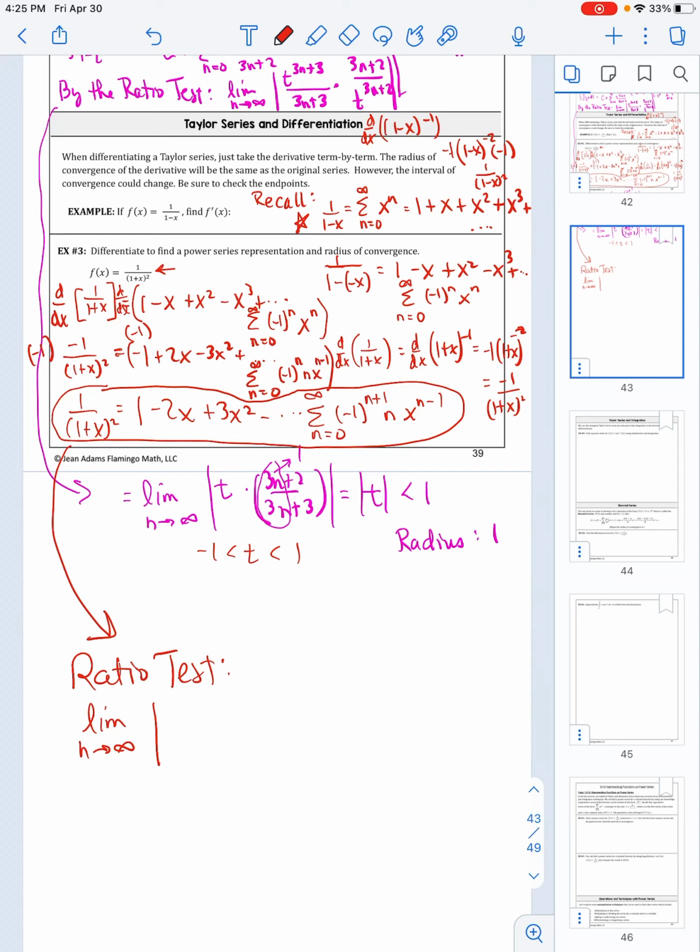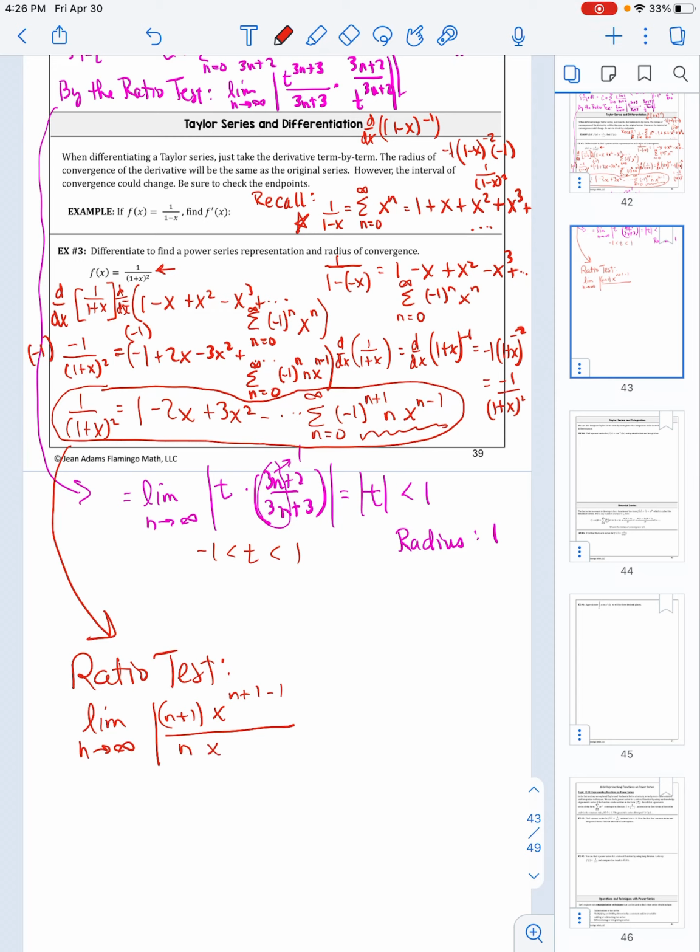Where is it? Here it is. The one that we are looking at is this right here.